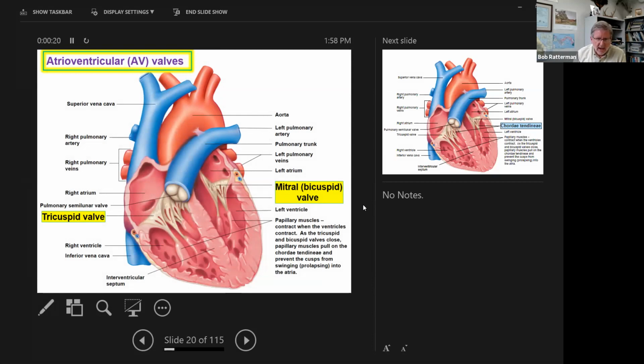In yellow, I've highlighted the two AV valves, or atrioventricular valves: the tricuspid on the right, between the right atrium and right ventricle, and the mitral or bicuspid on the left, between the left atrium and the left ventricle. Both AV valves have chordae tendineae, which connect to papillary muscles that come off the walls of the ventricles. And you saw those up close and personal last Wednesday when we did the deer heart dissection.